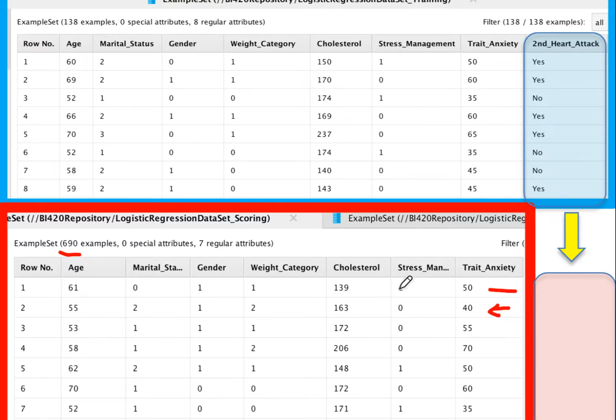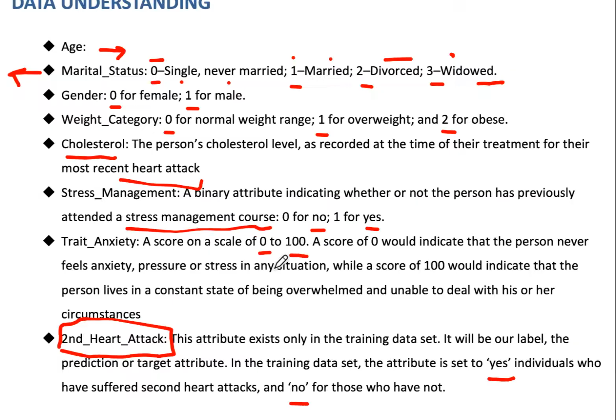So this is patient 1, row 1, whose age is 61, gender 1, so we know 1 means man, so this is male. So this patient is either single or never married, if you remember our data. Weight category 1, so if you remember the data, weight category 1 is overweight.